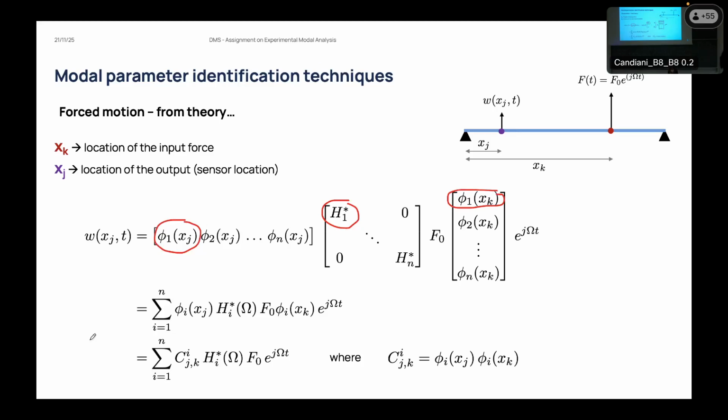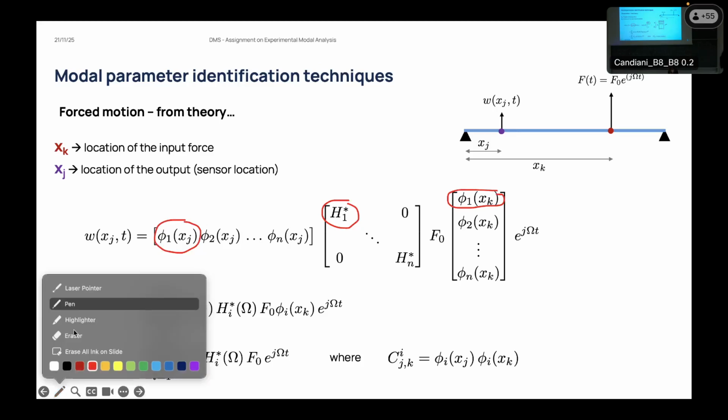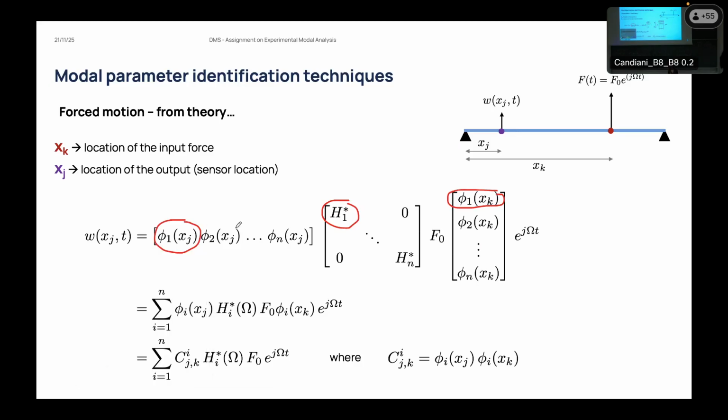This one should be summed with the second contribution, that is instead just referred to the second mode. Here you should have H2, and then you have the second component here.